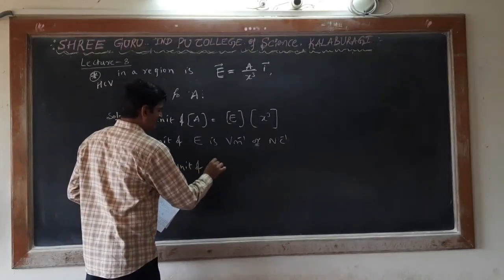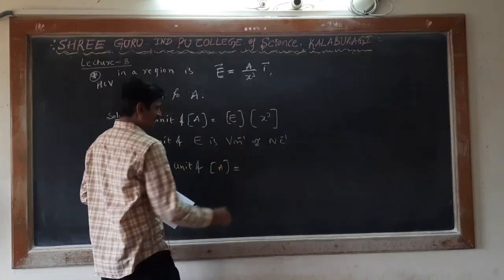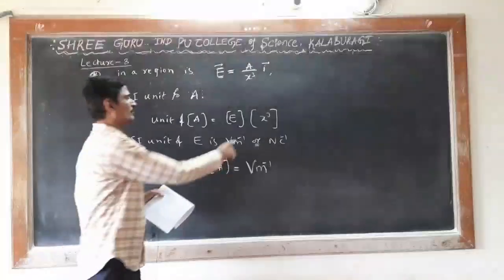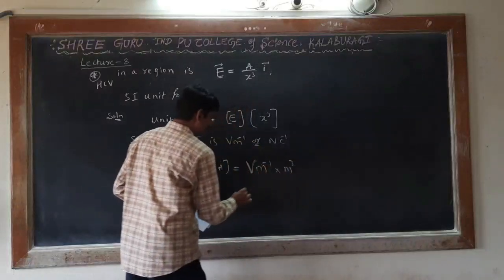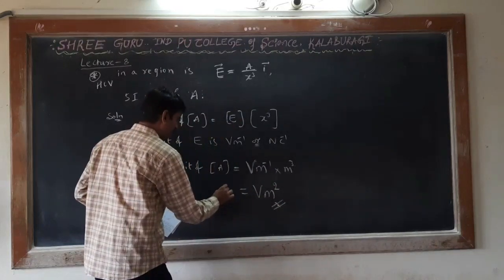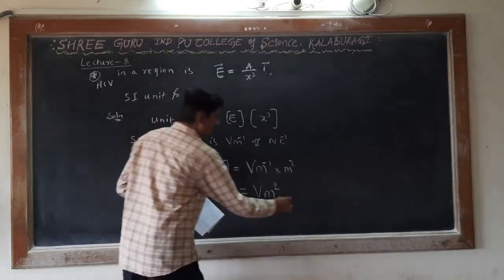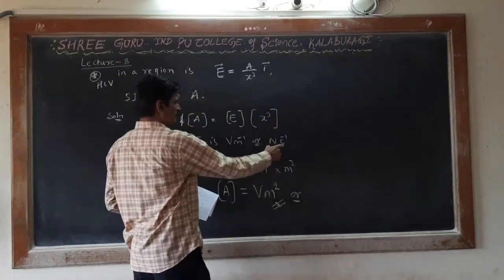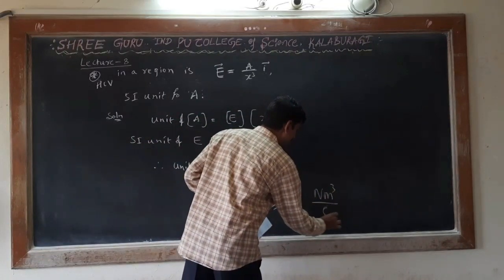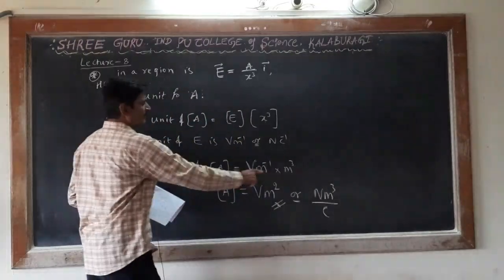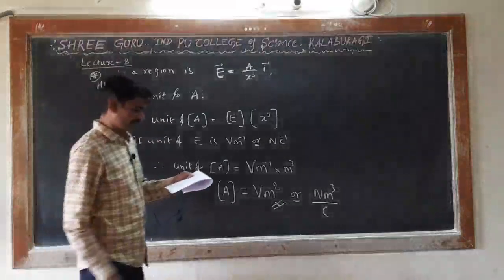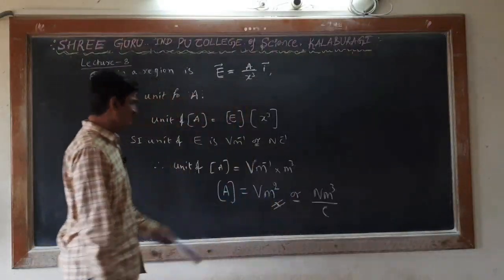If you substitute volt per meter, and x is distance so x cube is meter cube, you will get volt meter square. This is the unit of A. Or, if you substitute Newton per coulomb, you will get Newton meter cube per coulomb. This is the SI unit. Now write an expression for the potential.